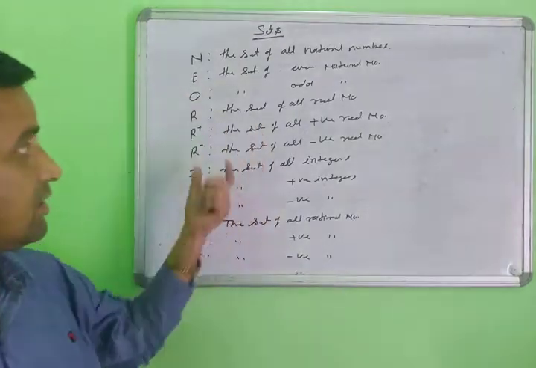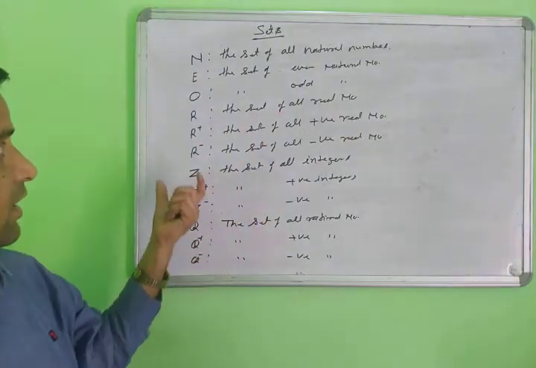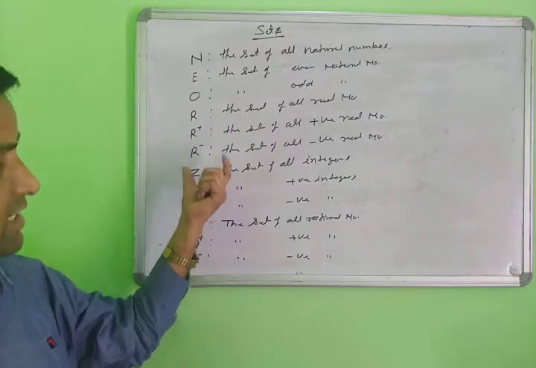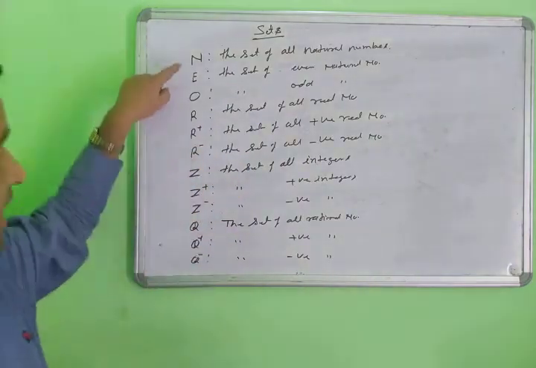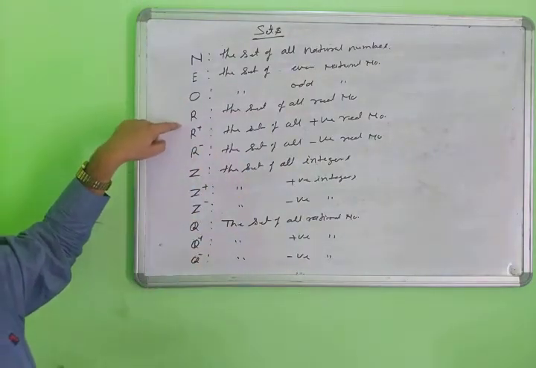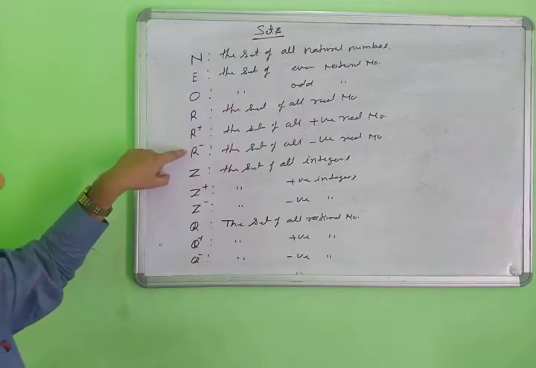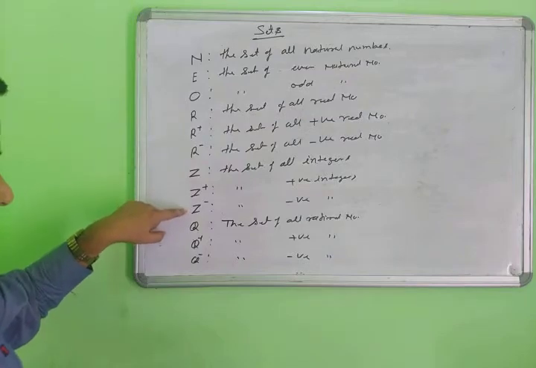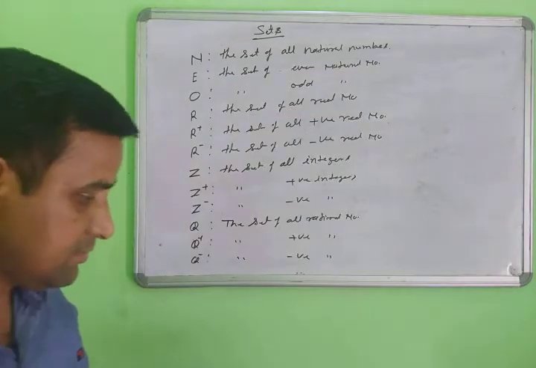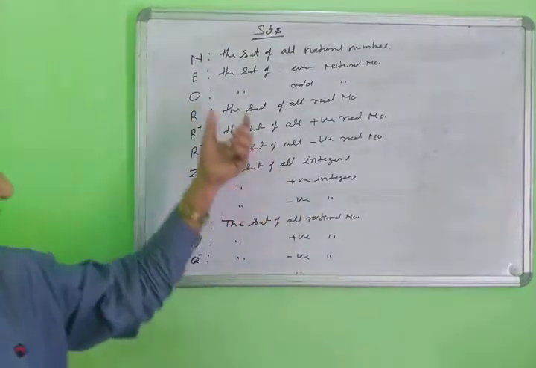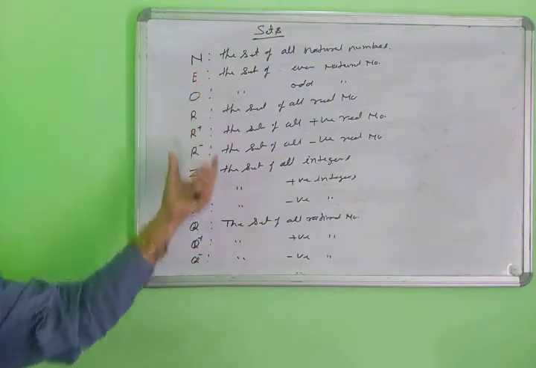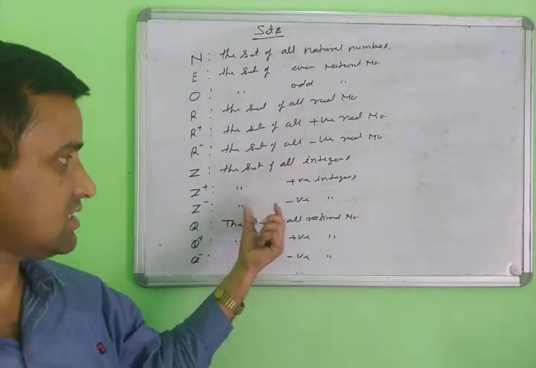You learn and note down which letter represents which set. Means N, E, O, similarly P for prime numbers. Similarly R, Z, Z plus, Q, Q plus, and some other letters also. You note these down and learn them. Which letter represents which set?